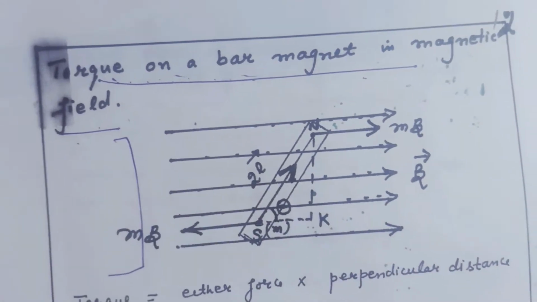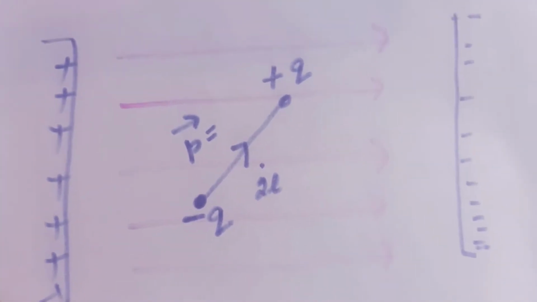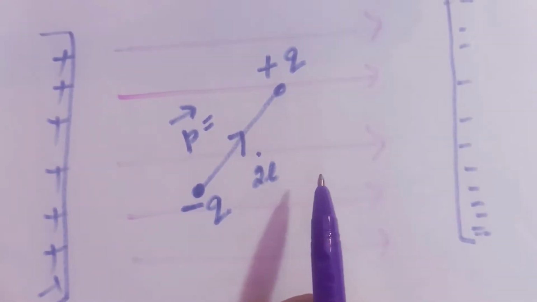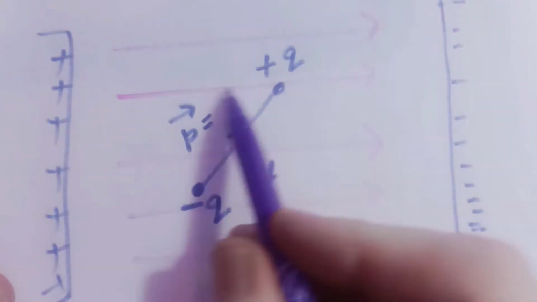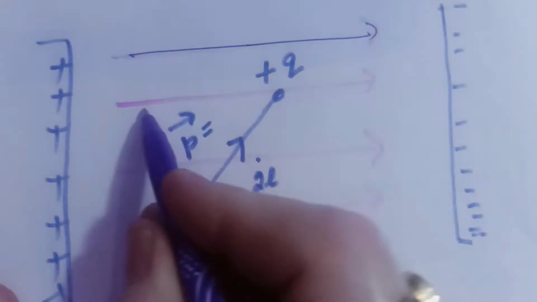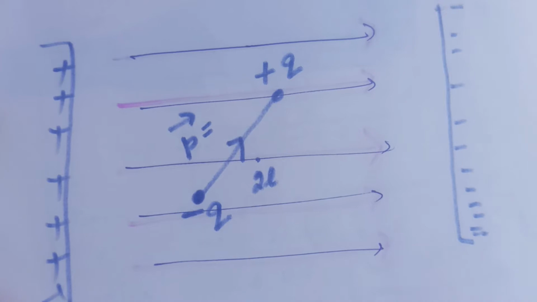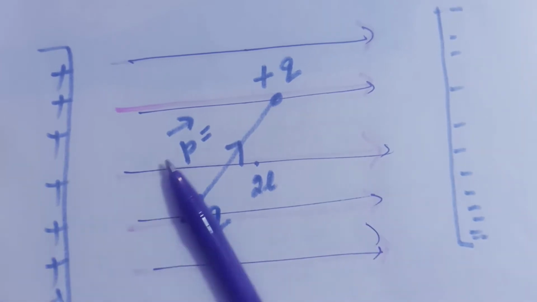So my dear friends, I'm going to discuss this article, the torque on a bar magnet in a magnetic field. I think you are quite familiar with the case of electrostatics. In electrostatics, there was an electric field, a uniform electric field. What's the reason for this electric field?